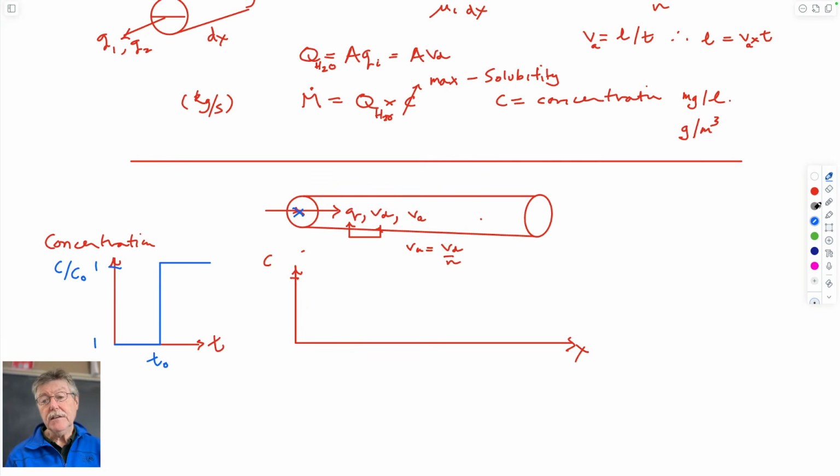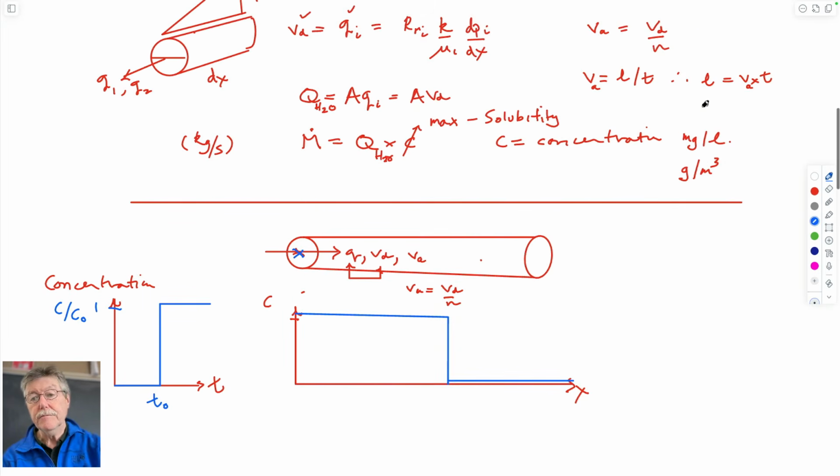And you've already done this. You've calculated the magnitudes of this as it goes down gradient. And you did this for Yucca Mountain, or what was Yucca Mountain. And merely from this, the length traveled is equal to advective velocity times time.